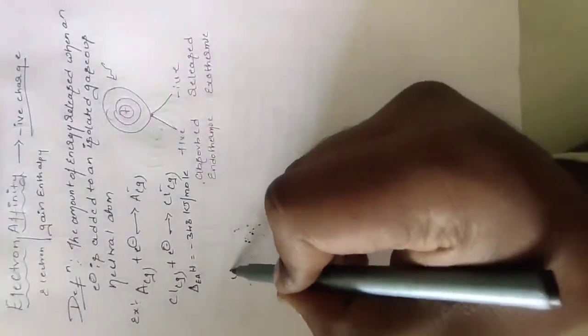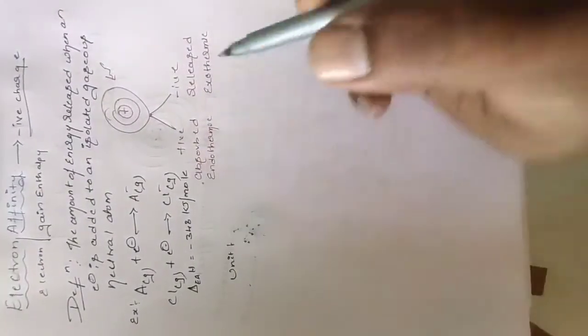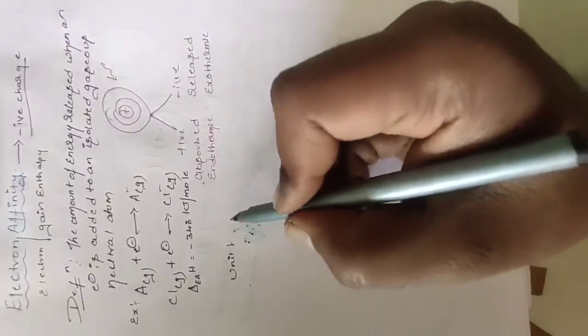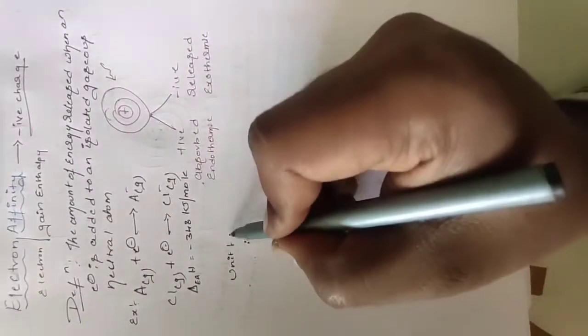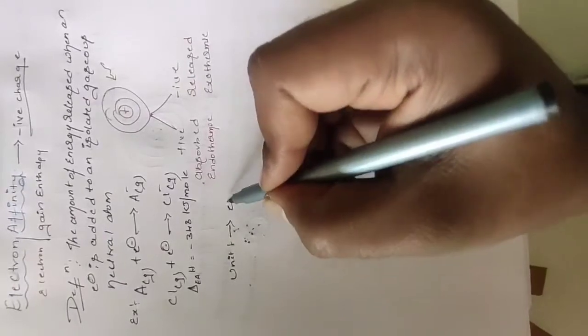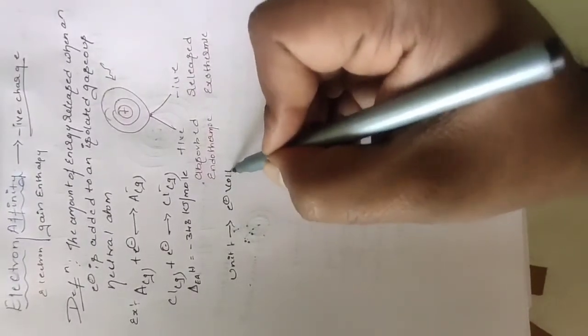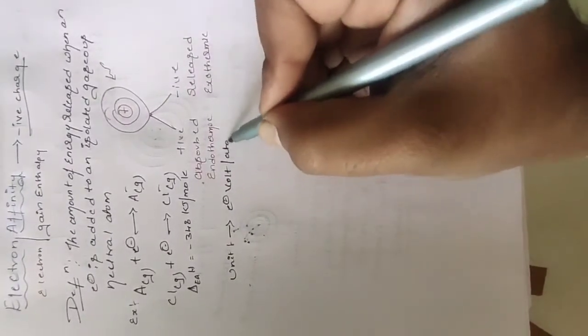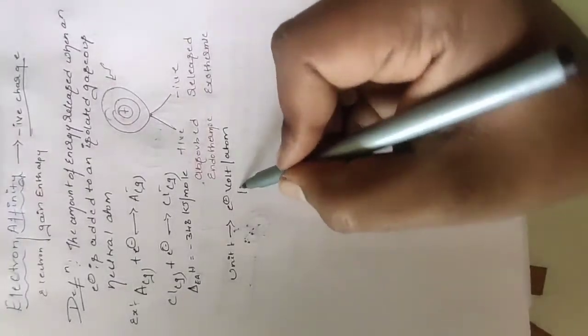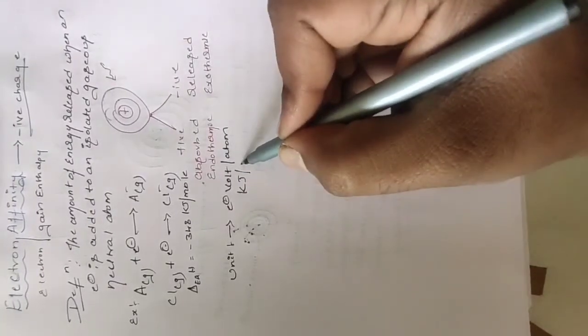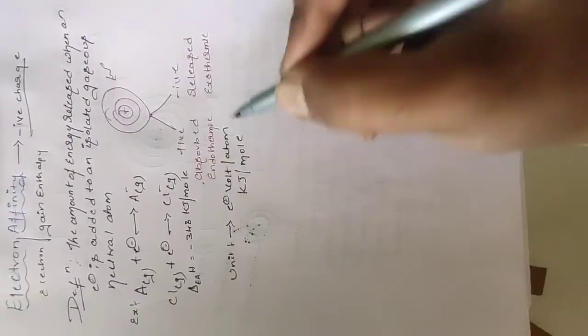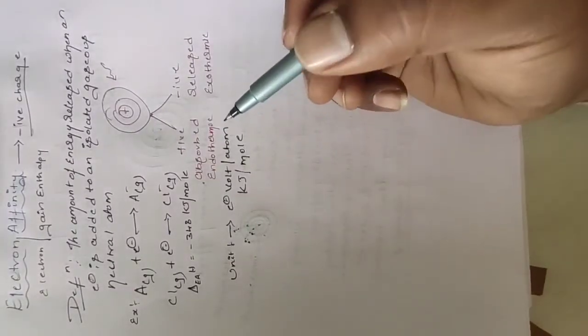The units to measure electron affinity are electron volt per atom, or we can also use kilojoules per mole.